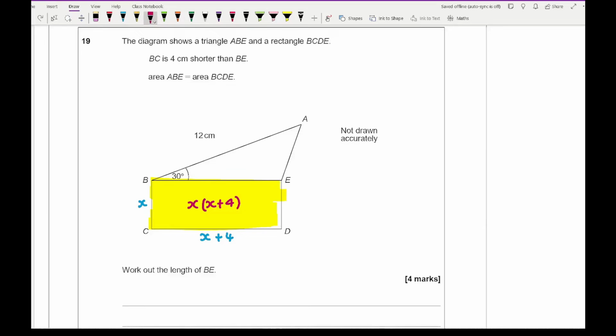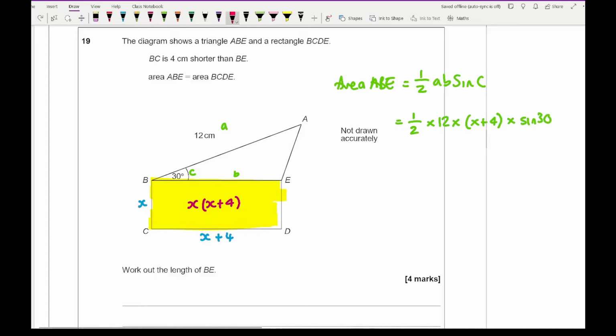Now we know that the area of ABE is equal to the area of BCDE. So if I work out the area of ABE, for this I'm going to have to use the area formula, a half AB sine C. So I'm going to label this A, this B, and this angle C. So what I end up with is a half times 12 times x plus 4 multiplied by sine 30.